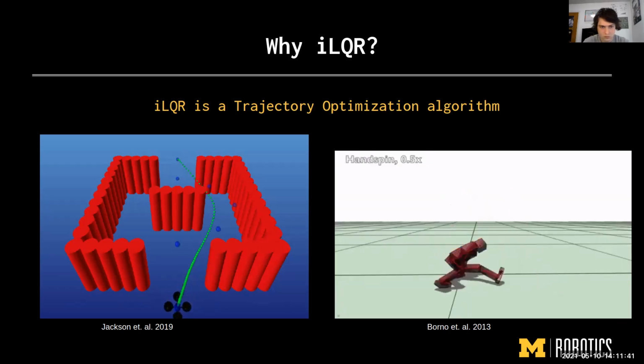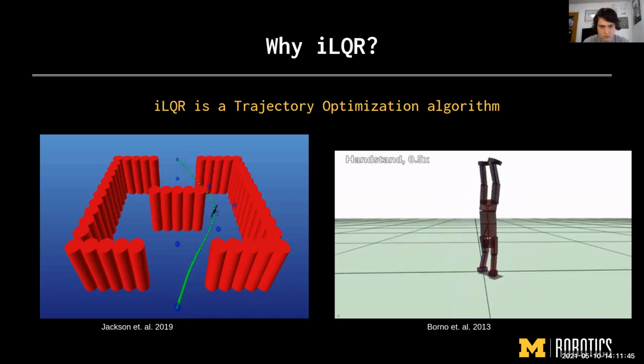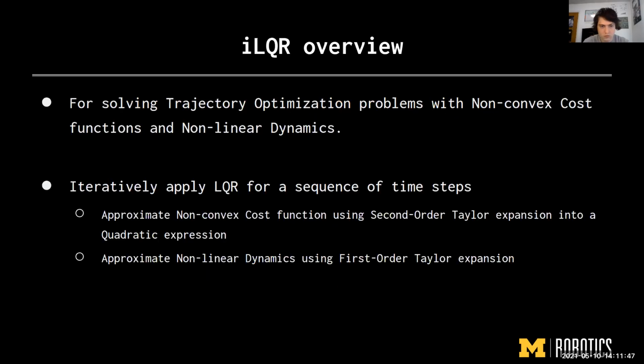So iterative LQR, that's iLQR, is basically a trajectory optimization algorithm. An overview of iLQR is as follows. The main aim of iterative LQR is to solve trajectory optimization problems with non-convex cost functions and nonlinear dynamics.